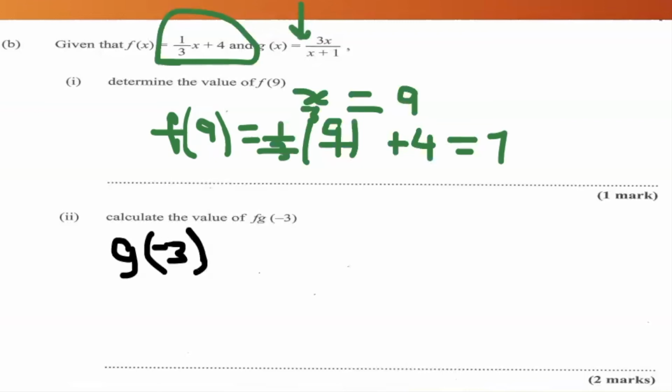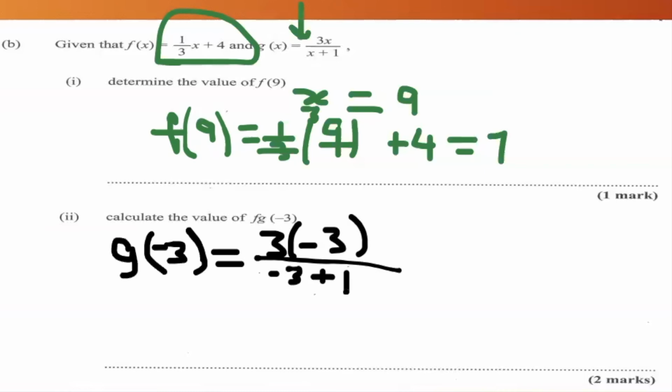You work on the inside first. So you have 3 times -3 all over -3 plus 1. -3 times 3, that's -9, and -3 plus 1, that's -2. Now the negatives cancel, so this becomes 9 over 2.